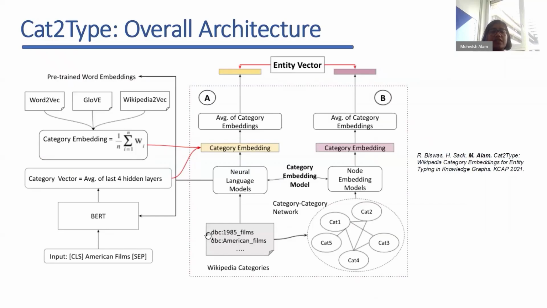So here you can see they look like this: American films, 1985 films, and then each time two categories had some entities in common, we built a connection between them, and the weights were the common entities between the two categories. This way we learned the embeddings of those entities which were within that category. And then we combined it with these embeddings.